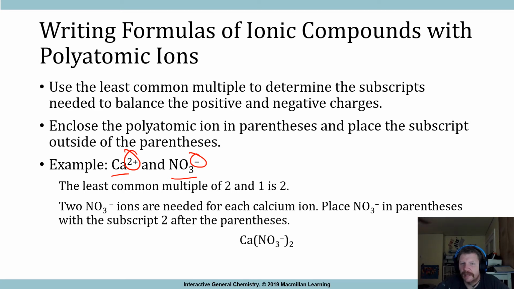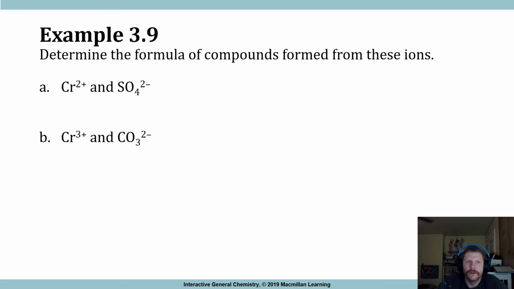That indicates that that NO3 is kept intact and that there are 2 of them. Now, determine the formula of the compounds formed from these ions. So Cr is 2+, SO4 is 2-. CrSO4. There's not a need to put that SO4 in parentheses because you don't have to use a subscript there.